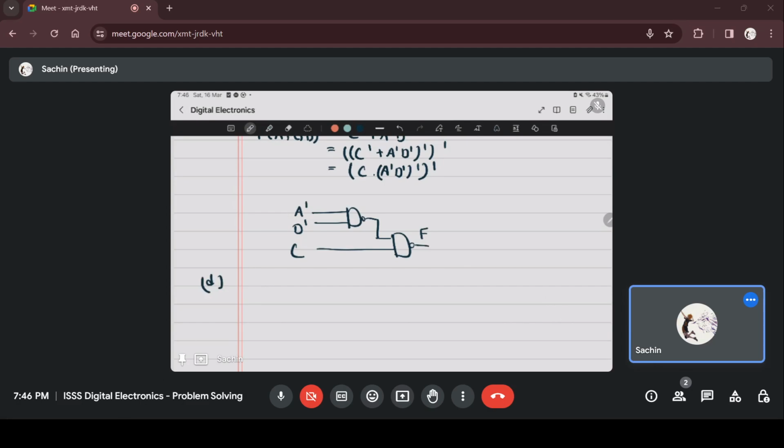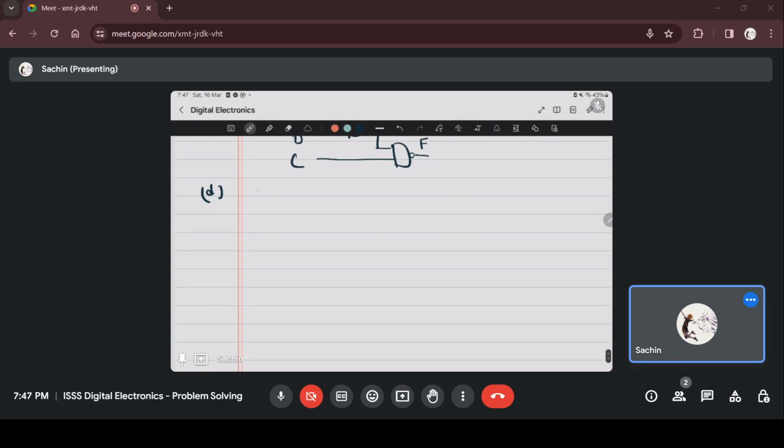Part D, f of ABCD is A prime plus B plus D prime plus B prime C. The simplified expression f of ABCD is A prime plus B plus C plus D prime.